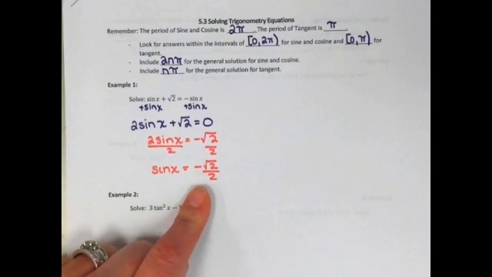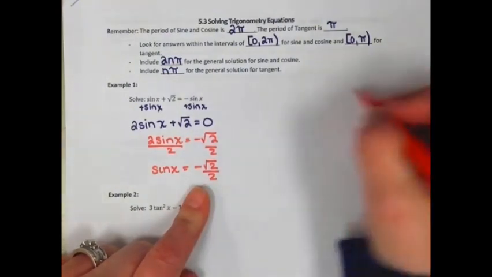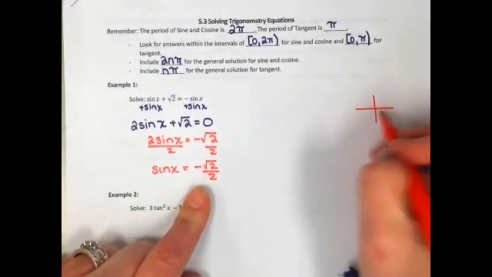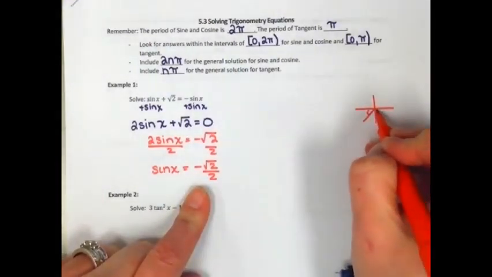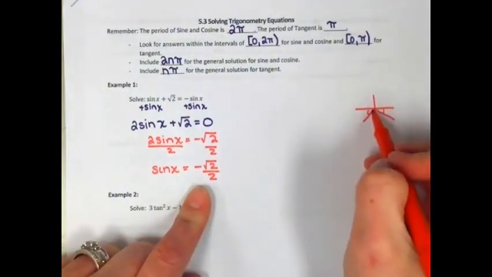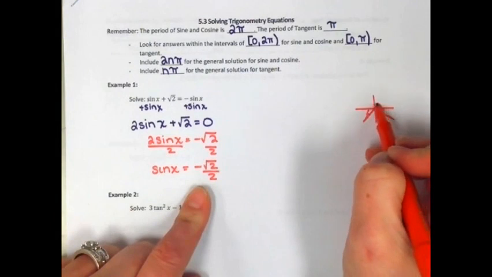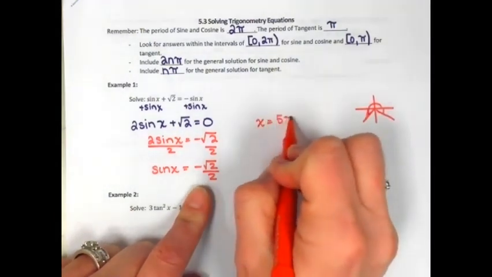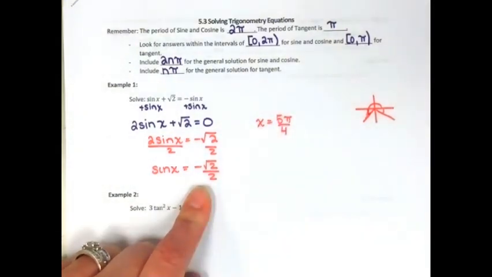Quadrants 3 and 4, right? So if we're looking at our coordinate plane, our sine is going to be negative here and here, right? So where is this? This part here is what over 4? Isn't that 5 pi over 4?